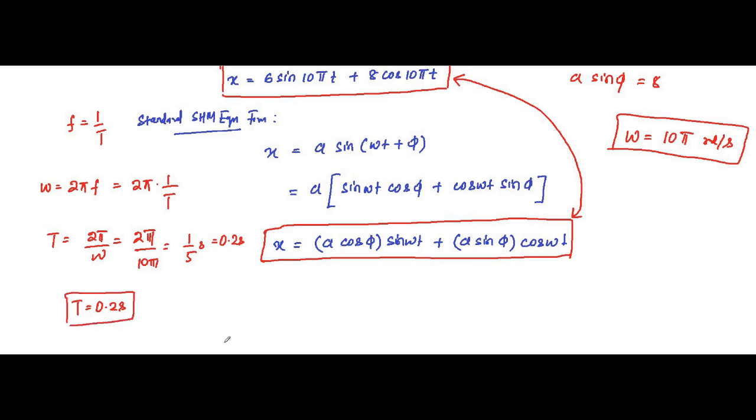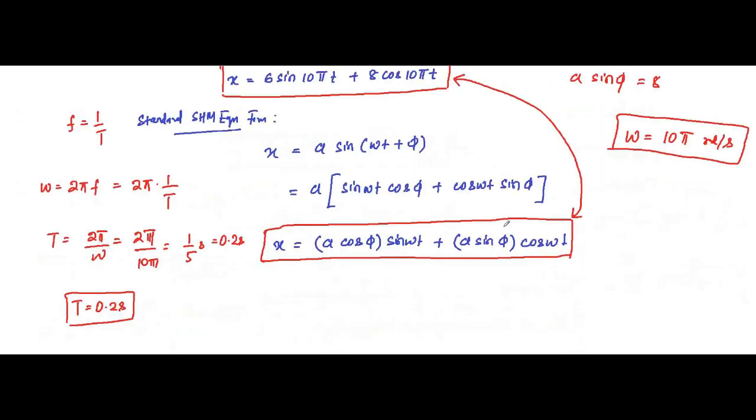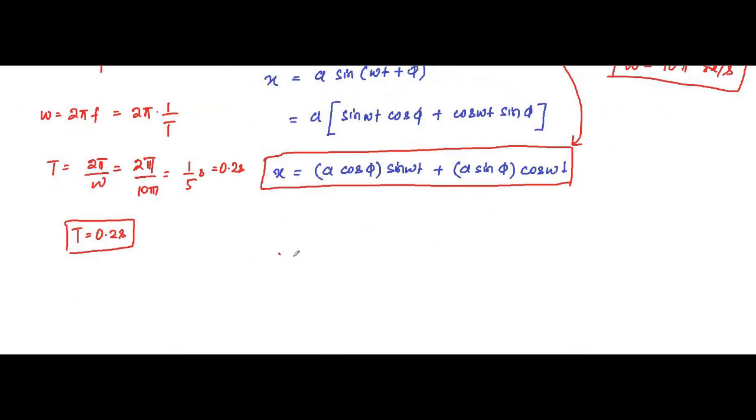Then for the amplitude, a cos phi is equal to 6 and a sin phi is equal to 8. So here if we square them and add them together, that is, (a cos phi) whole square plus (a sin phi) whole square, it will be equal to 6 square plus 8 square.